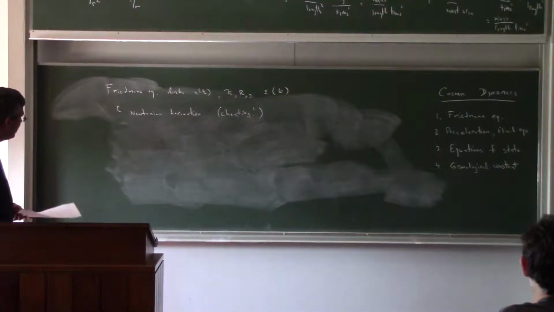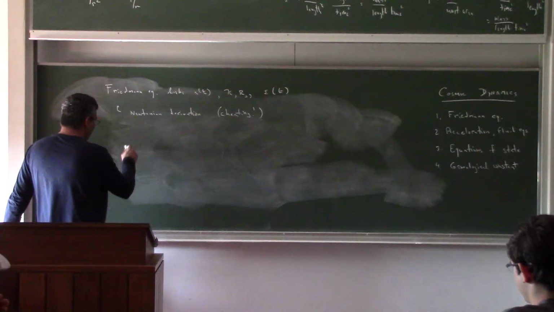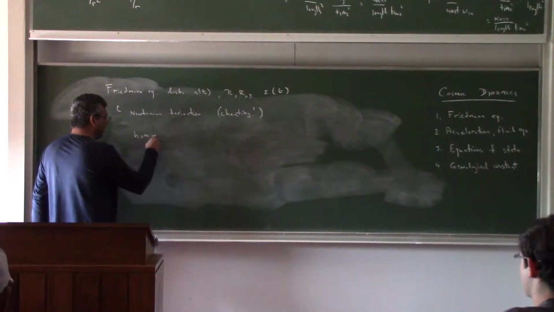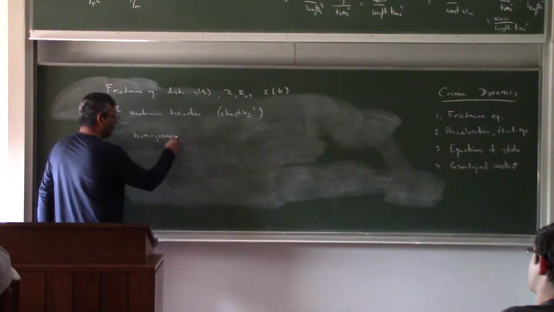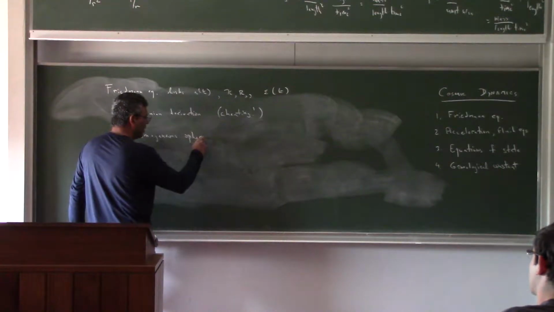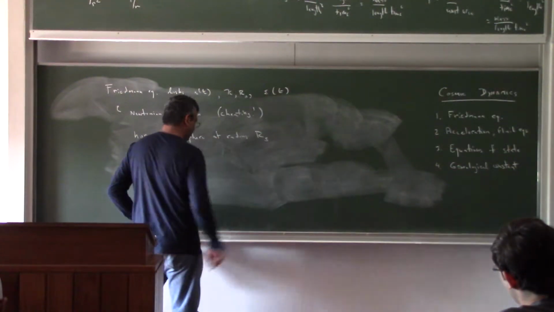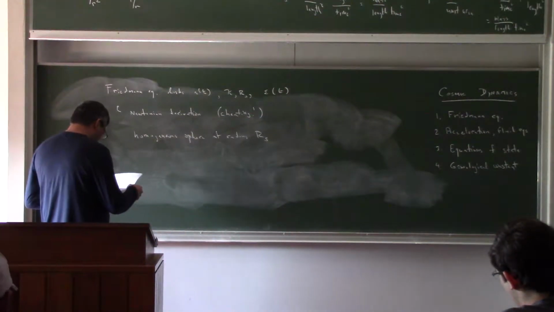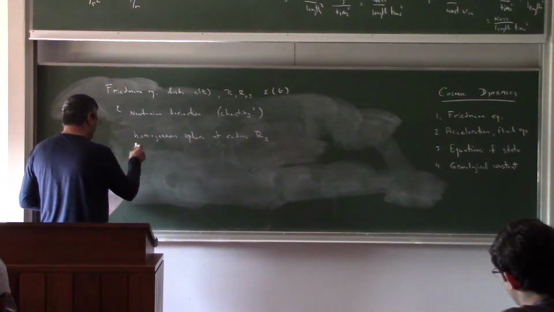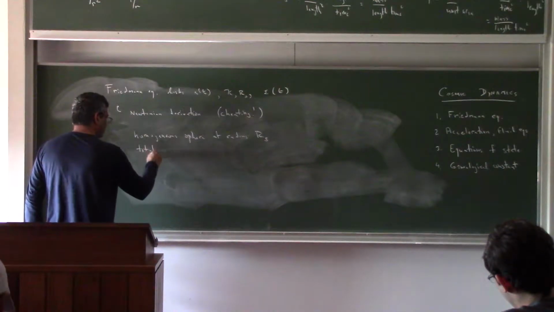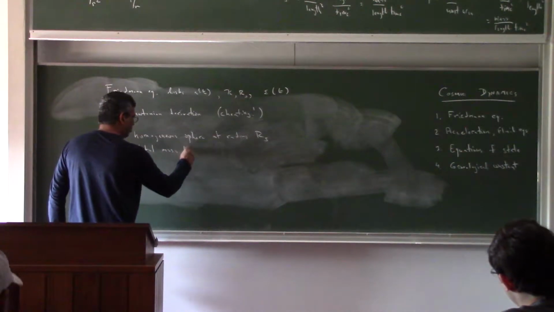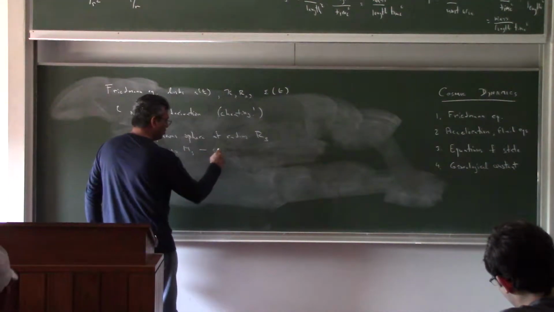Okay, so in this Newtonian derivation, we're going to consider a homogeneous sphere of radius R sphere, and it's going to have a total mass M sphere, and this is going to be constant in time.